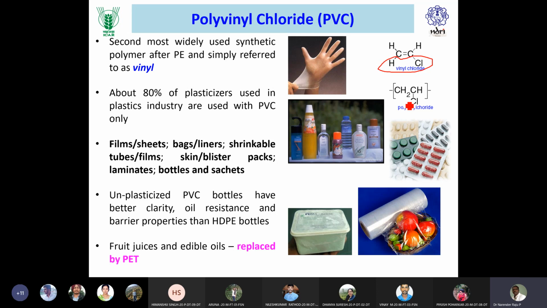And the third reason why we are not commonly using polyvinyl chloride in food packaging applications is when you try to heat this material or process it, because of the release of HCl, it leads to a number of changes.